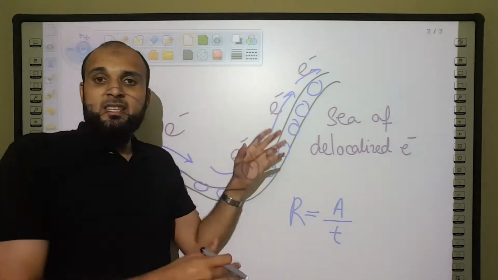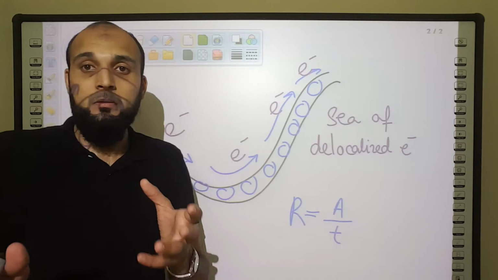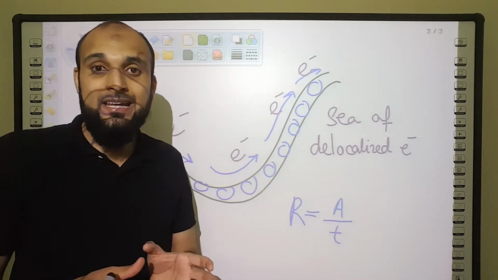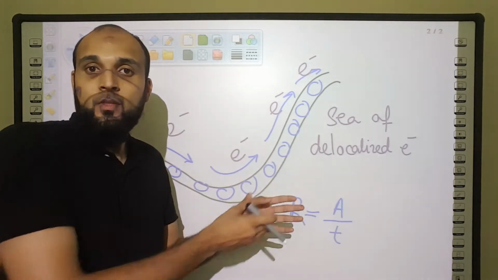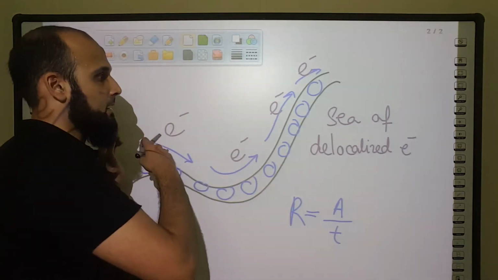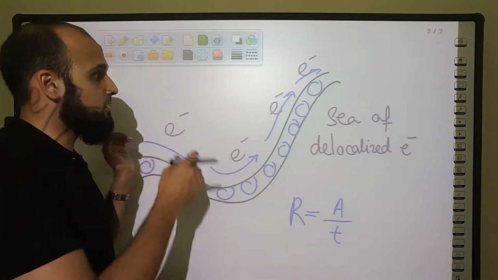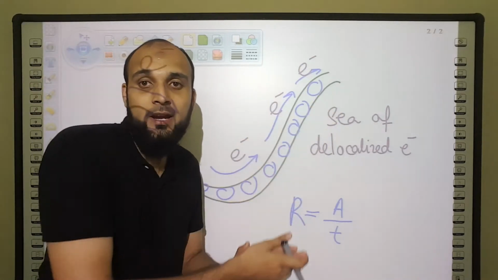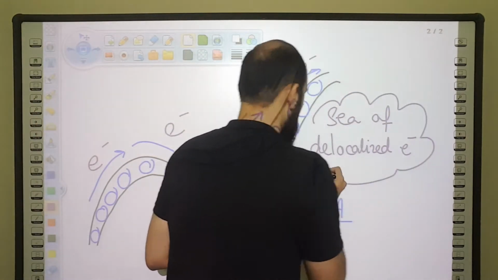So once they've joined the sea of delocalized electrons, they're now loosely attracted to all of the metal ions in general, rather than a specific metal atom, and hence, because they're so loosely attracted to the individual ions, the electrons are able to flow, right? So that's how things work in a regular setting.